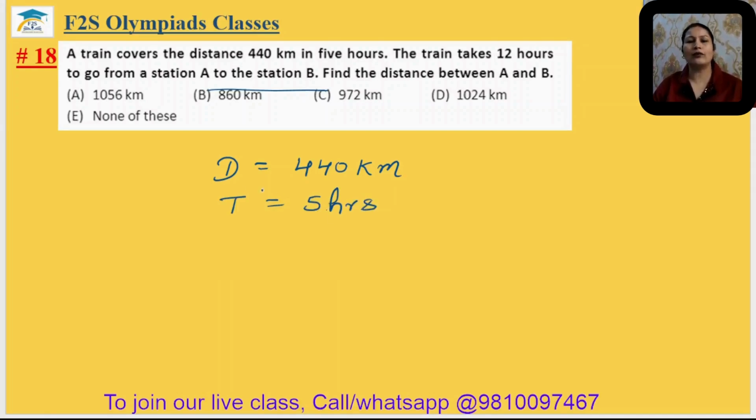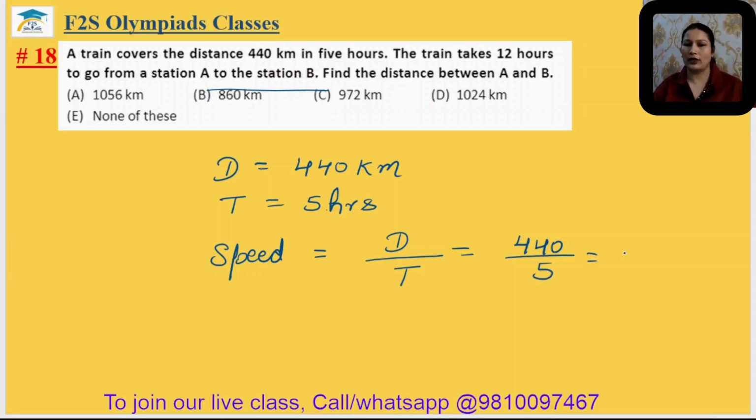In 5 hours, this train travels 440 kilometers. So what is the speed? Speed of train equals distance upon time. Speed means the distance traveled in unit time. So to find it, we divide 440 by 5. 5 8s are 88 kilometers per hour.